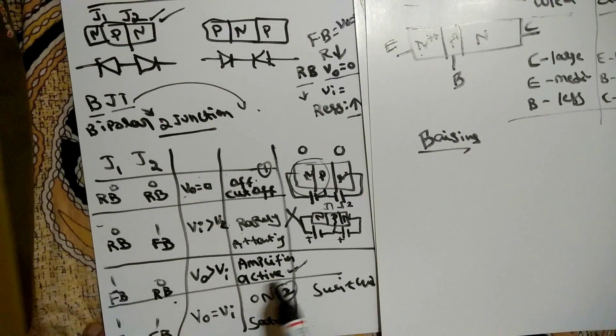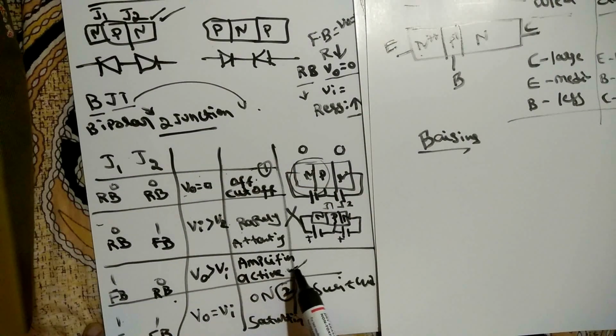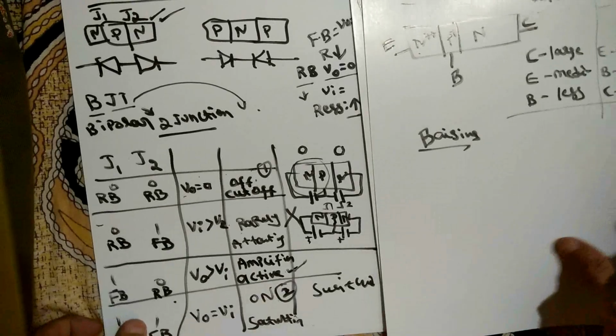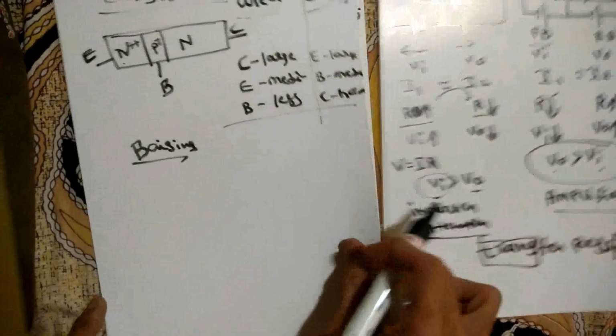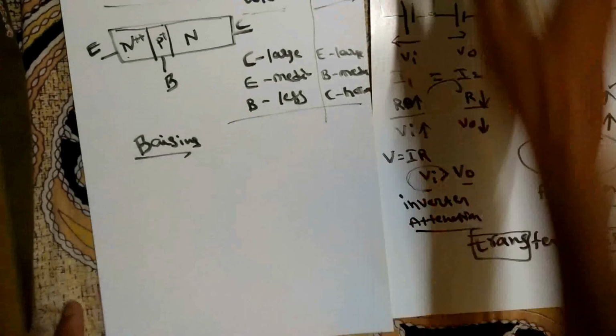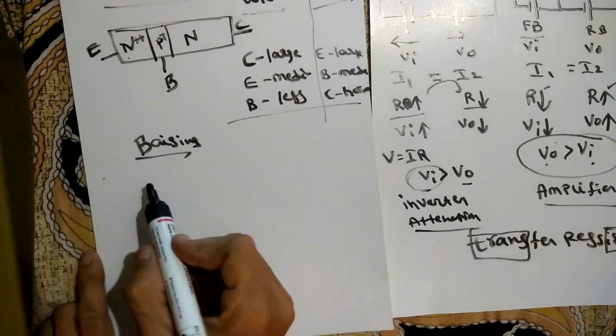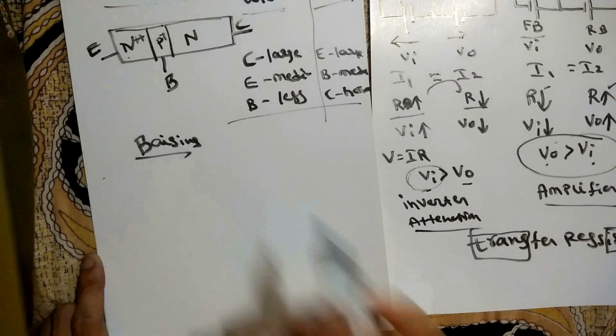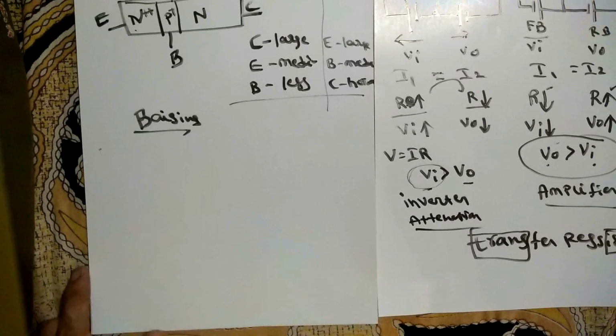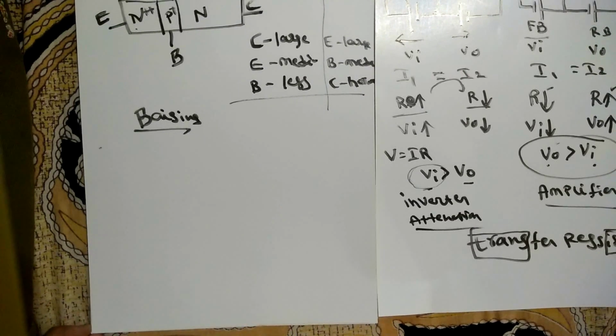The ultimate aim of the transistor is amplification, the active region. So our biasing technique also aims at that. Biasing is nothing but a circuit used to establish an active region. That particular voltage is known as the biasing voltage. The aim of biasing is to give the proper current or voltage to achieve that.